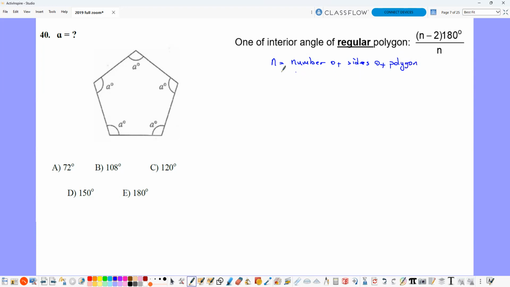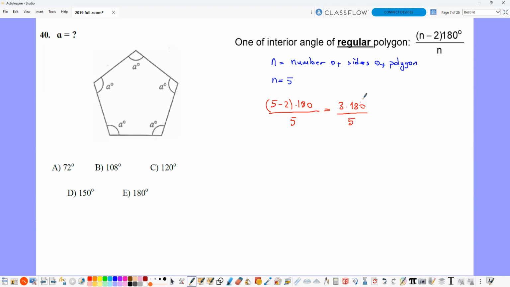And here n is equal to 5 in this question. So with respect to this given information, 5 minus 2 times 180 divided by 5 is the answer, which is equal to 3 times 180 divided by 5.